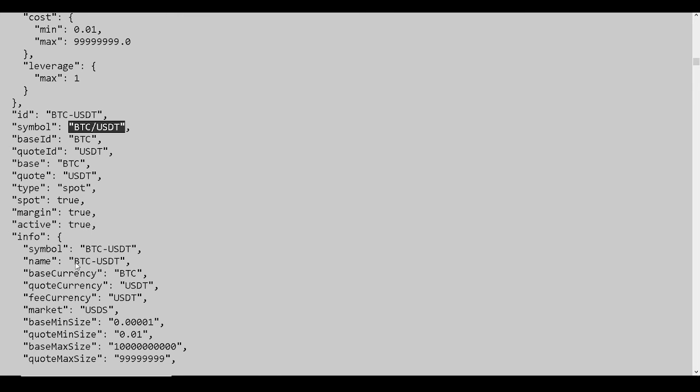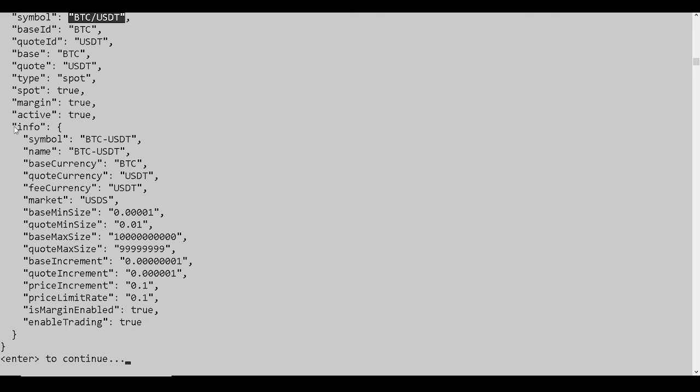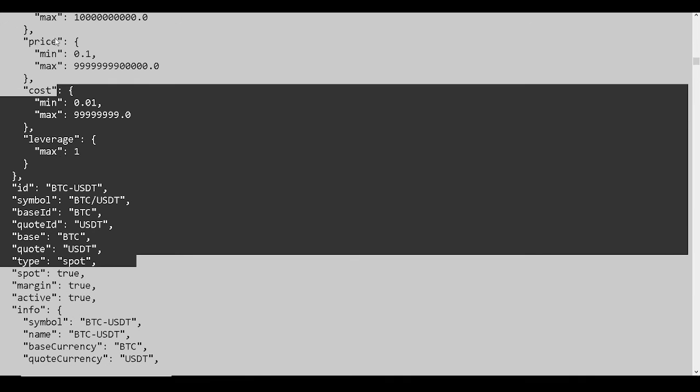But it'll take the symbol from down here and convert it to this slash so that on every exchange, this is the format, right? It's to make it easier for programmers to program trading robots that work on multiple exchanges. So this is the original, and they take this information and pump it into the unified.